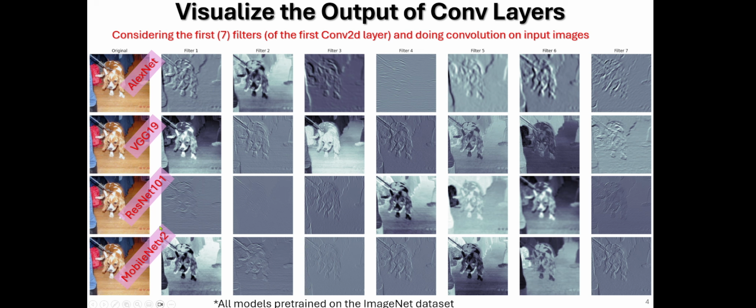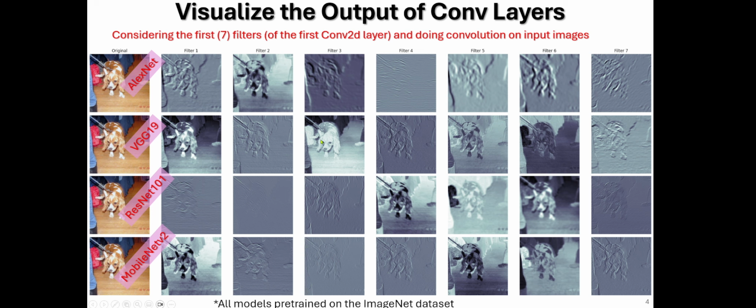The different networks are the same as in the previous slide, and the output is more or less similar, and that's quite expected, because what we saw in the previous slide, the kernels or filters look like edge extractors or color extractors, and that's what we're seeing over here.